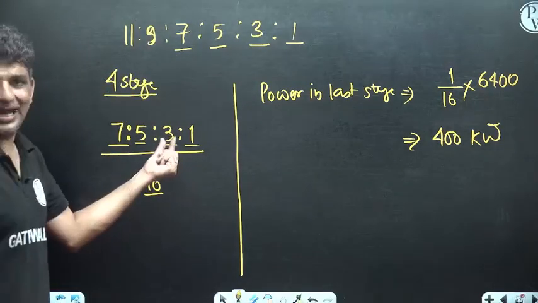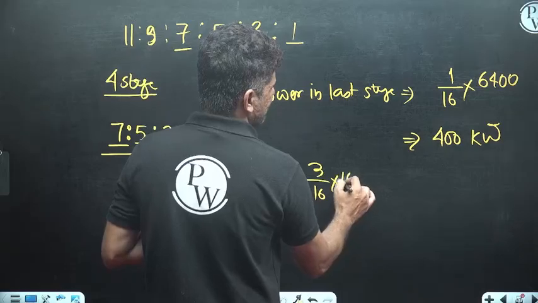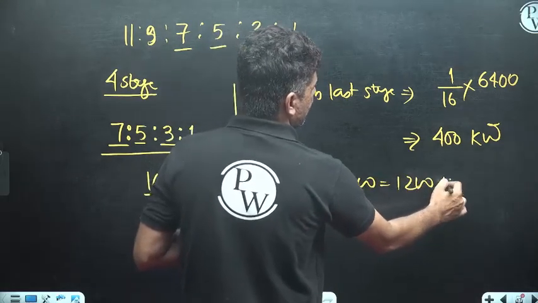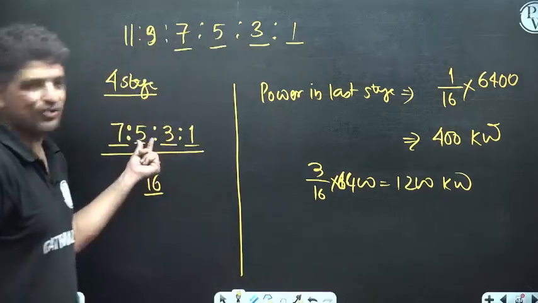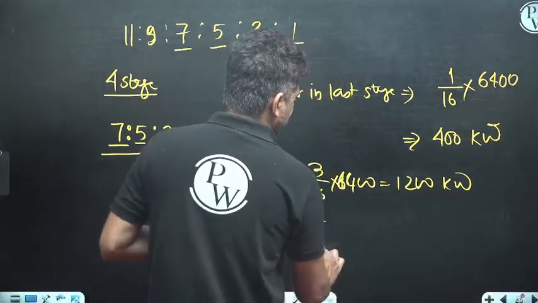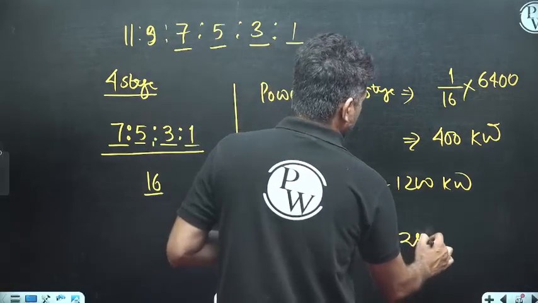How about the second last? Second last will be 3 by 16 multiplied by 6400, so this will be 1200. Next will be 5 by 16 multiplied by 6400, so that will be equal to 2000 kilowatt.